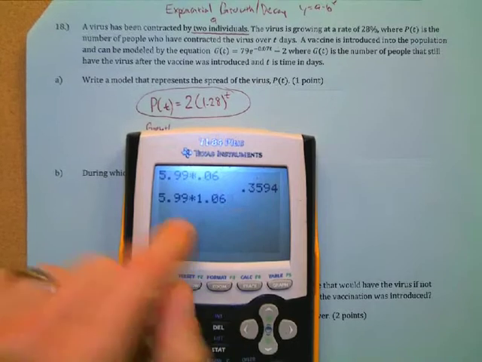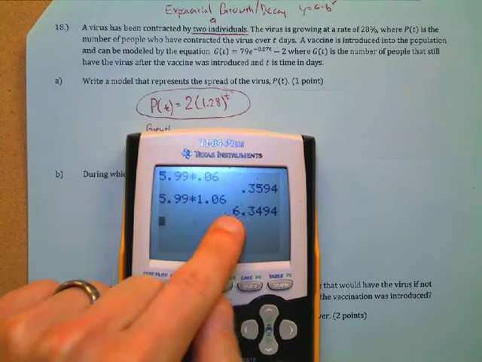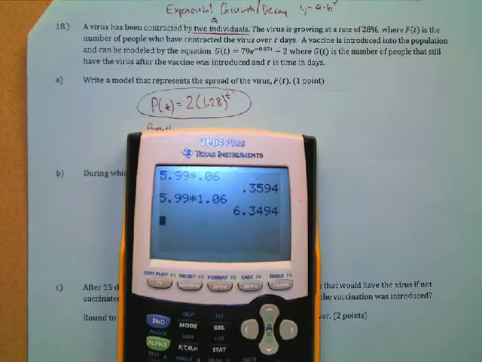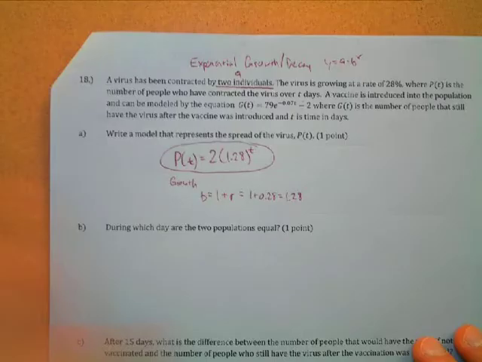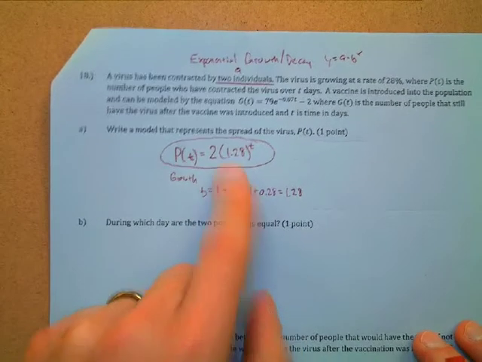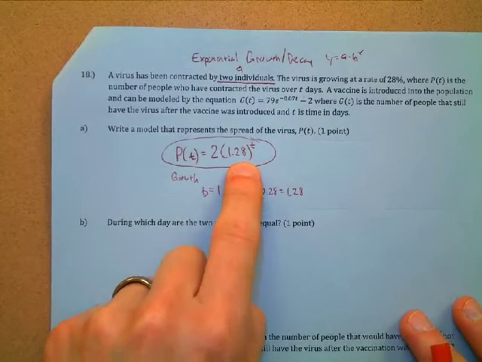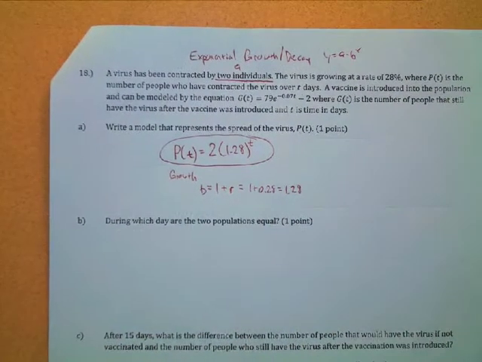There you can see, $5.99 plus 0.3594 will be $6.3494. So you do that if you're adding. If you're growing, you add 0.28 to 1. If it's decaying, if it's shrinking, you'll do 1 minus 0.28.